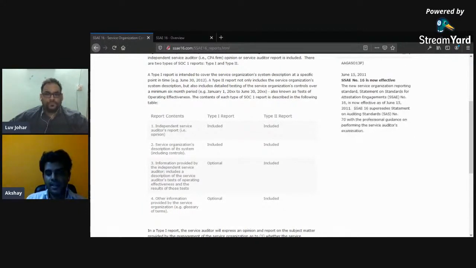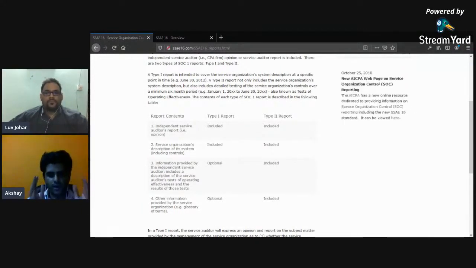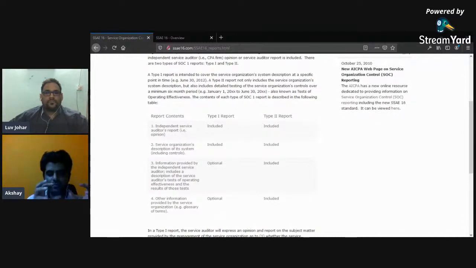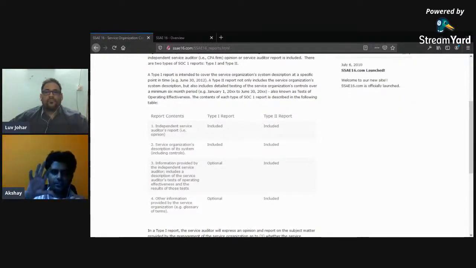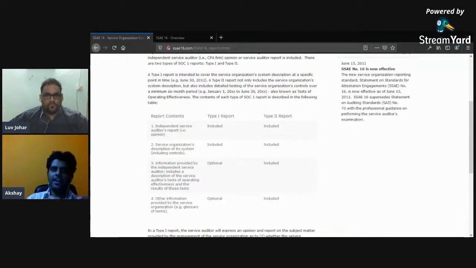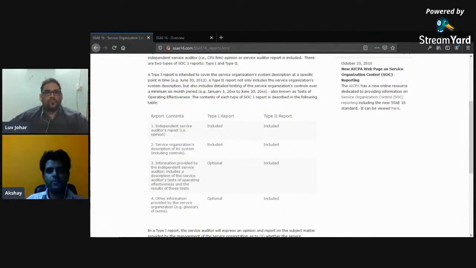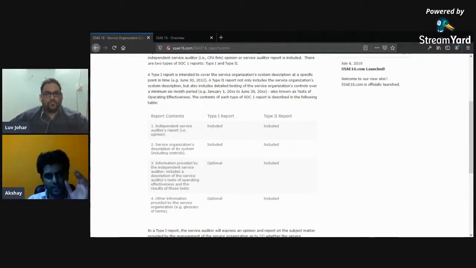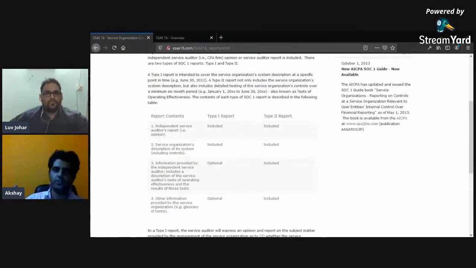A type 1 report says that the control effectiveness or the system was tested at a specific point in time. At that specified point in time, there was a CPA, a certified public accountant, an auditor who came and checked against those things, and then that report was created and shared with you.